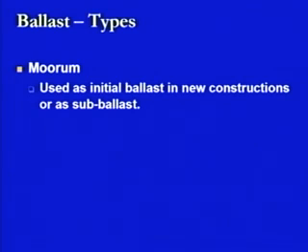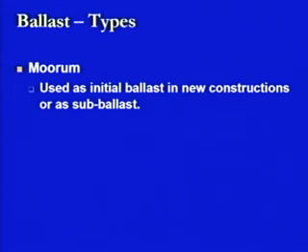Then another type of material which is used as ballast cushion is muram. Muram is used again as the initial ballast in new constructions, or it is also used in some locations as a sub ballast cushion.